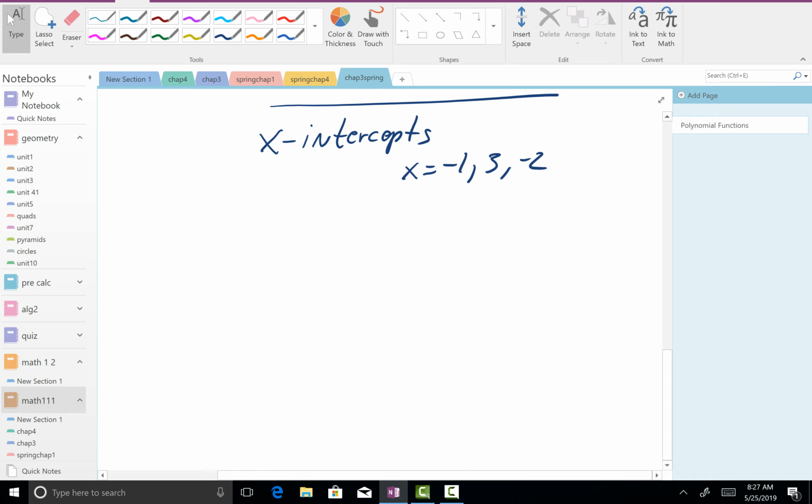It looks more like a U. So that's a fourth degree. I'm going to go back to the normal thing, come back up to here. I'm going to do one more.